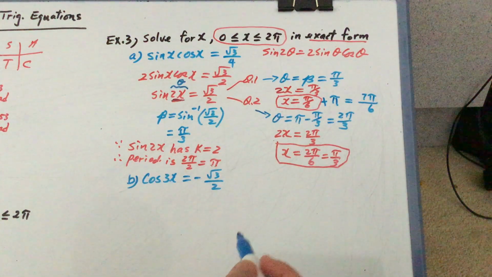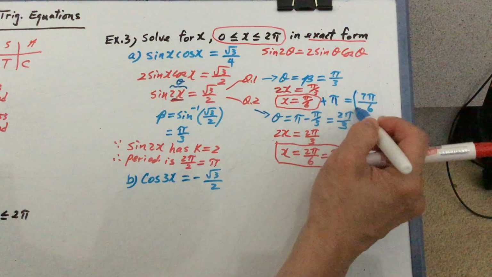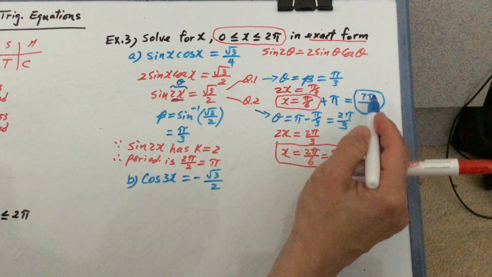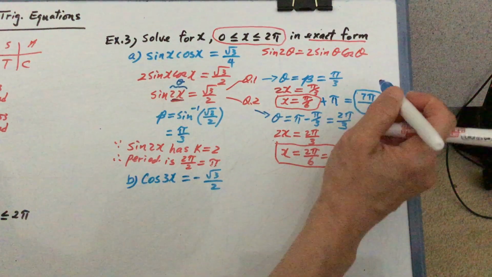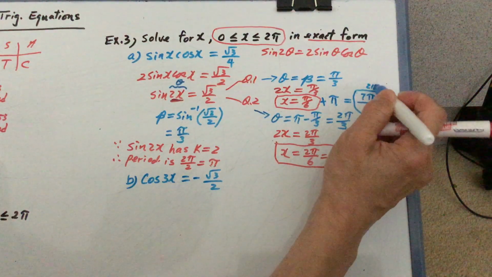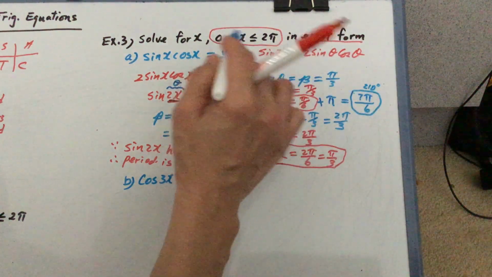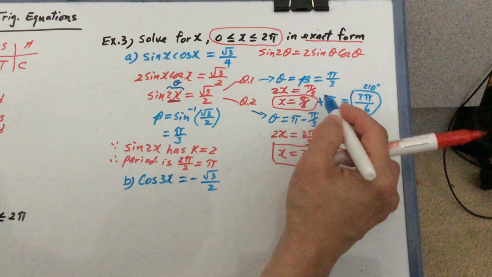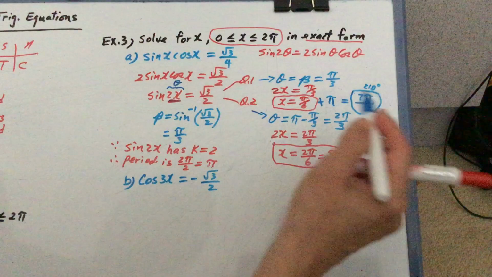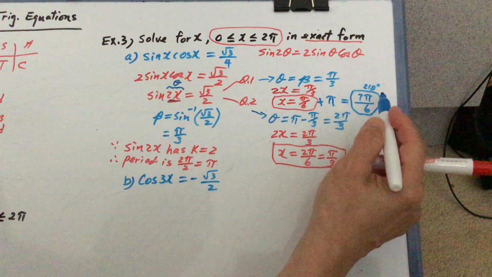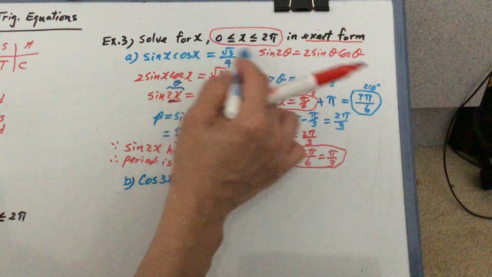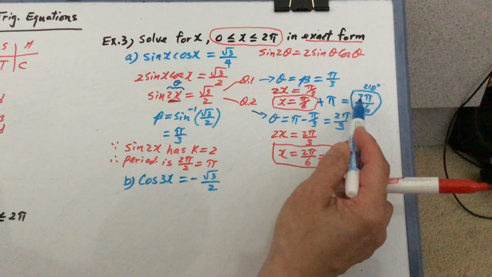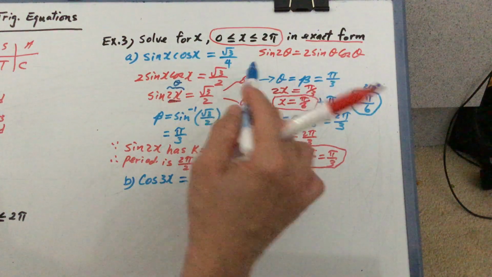Okay? So 7 pi over 6 is also one of the solutions. Well, what is 7 pi over 6? This is 30 times 7, so this is 210 degrees, still within this given range. This is 30, but when you go for another cycle, adding 180, you get 210, still within this given domain. So besides pi over 6, you also get 7 pi over 6 for quadrant 1.